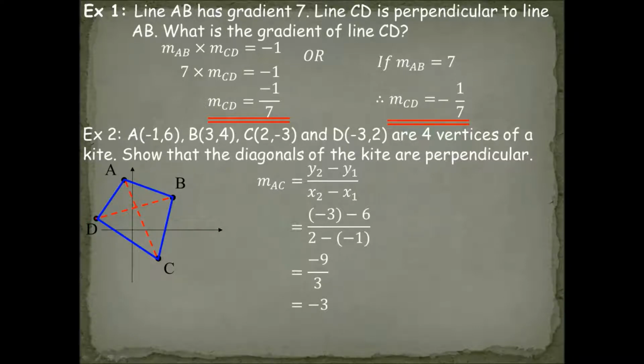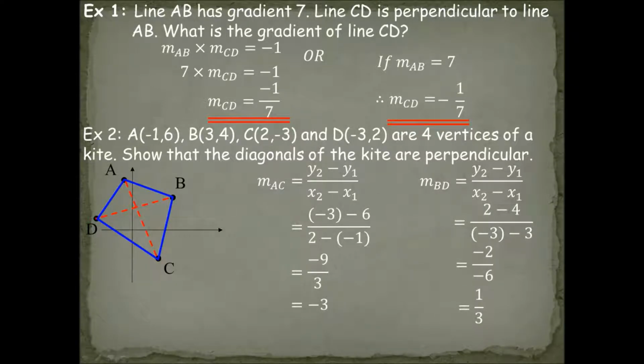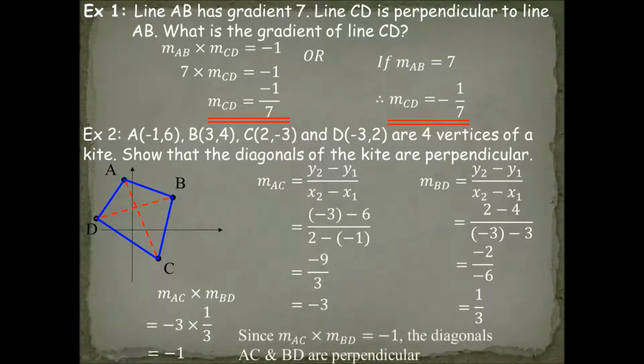It's sloping downwards and seems relatively steep. BD is positive, sloping upwards. So when I substitute in the values, I get a positive gradient, and it's got quite a low value of 1/3. I can then do my proof by showing that when I multiply these two numbers together, I get -1. That allows me to make a statement because it's a show question: since mAC times mBD equals -1, diagonals AC and BD must be perpendicular.